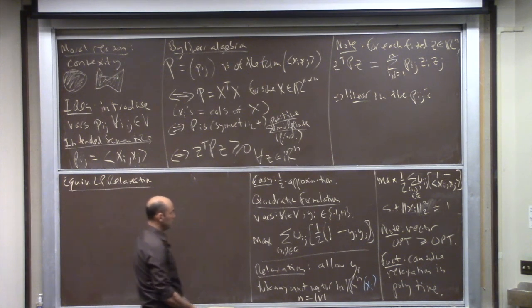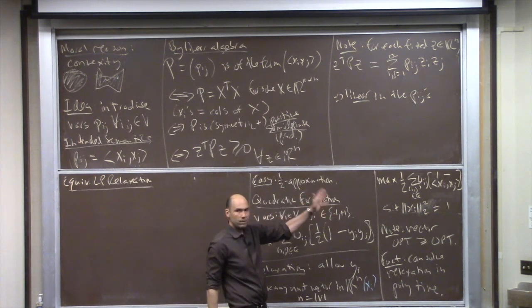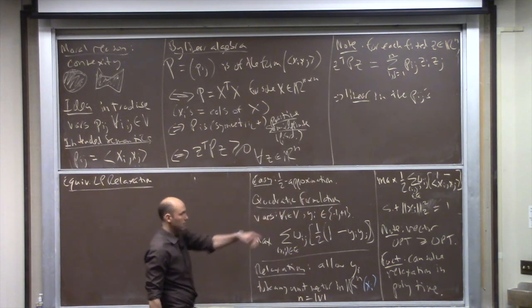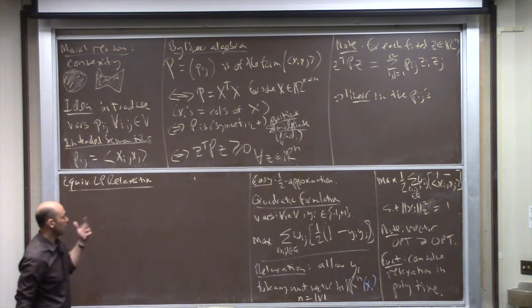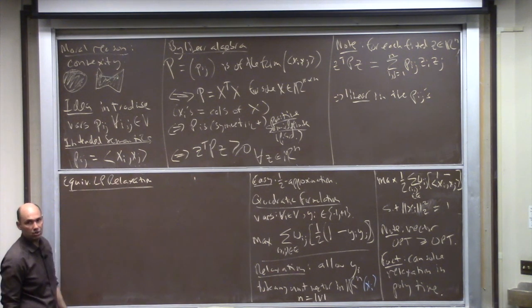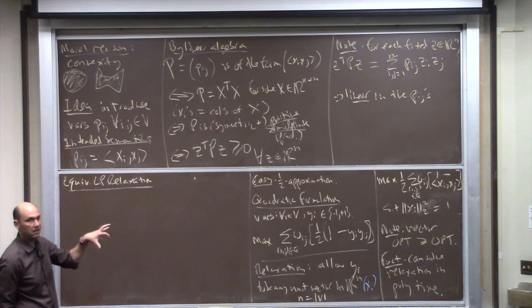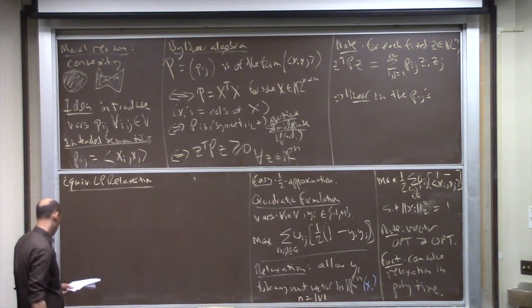For decision variables, we no longer have the vectors xi, we just have Pij's, those are real numbers representing the dot products. And then we impose these positive semidefinite constraints, which are linear in the Pij's, to enforce that the Pij's really do arise as inner products.